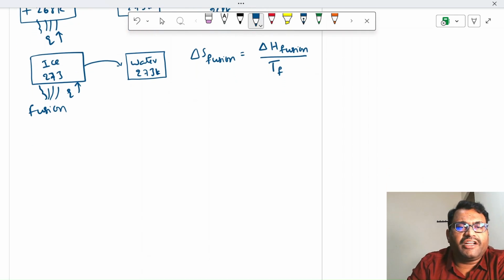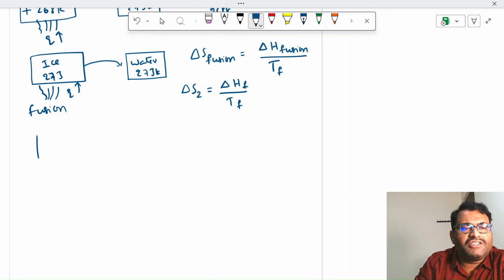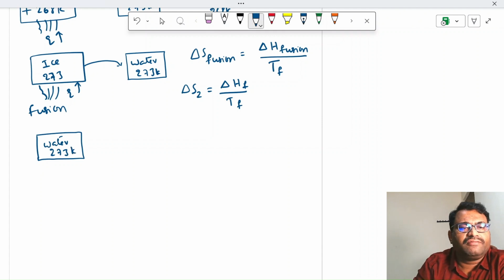So let us take it as delta S2, that is equal to delta H_f by T_f. The third step is water at 273 Kelvin. Now again you are heating it.